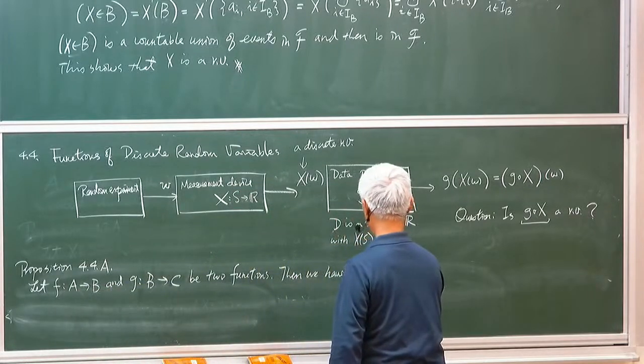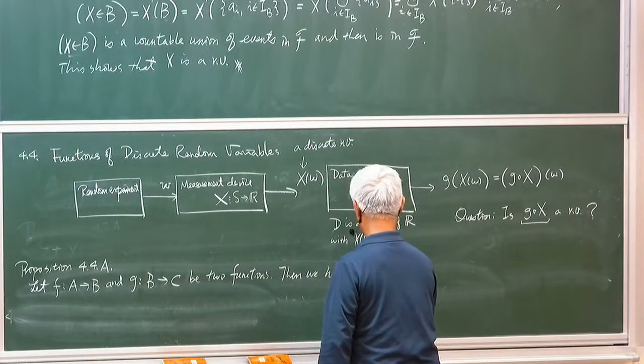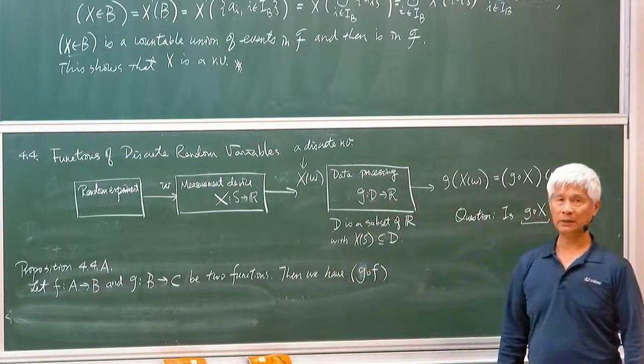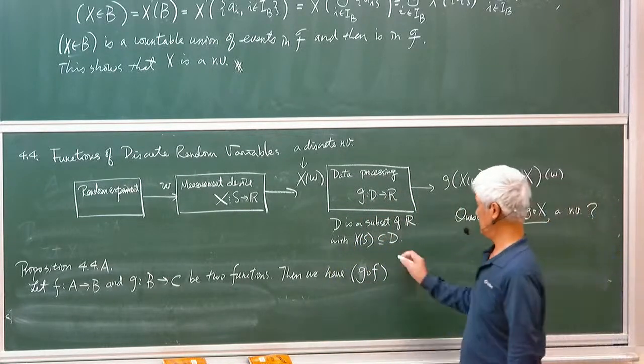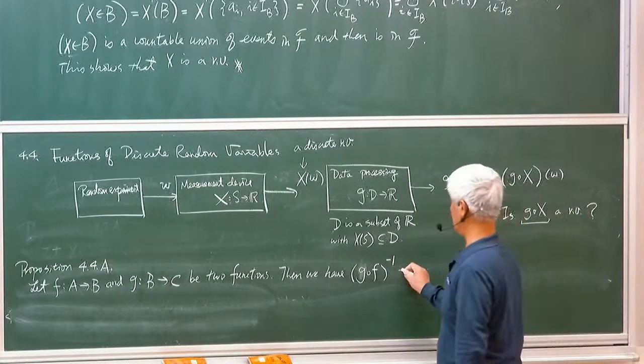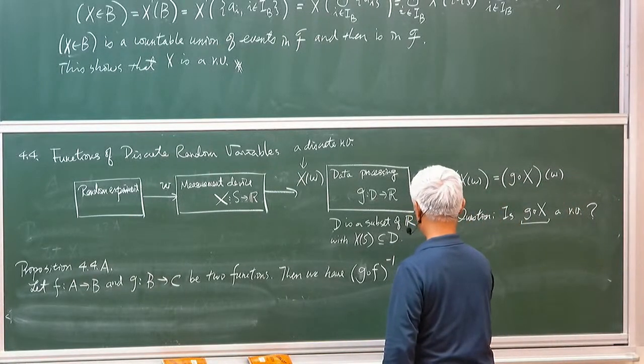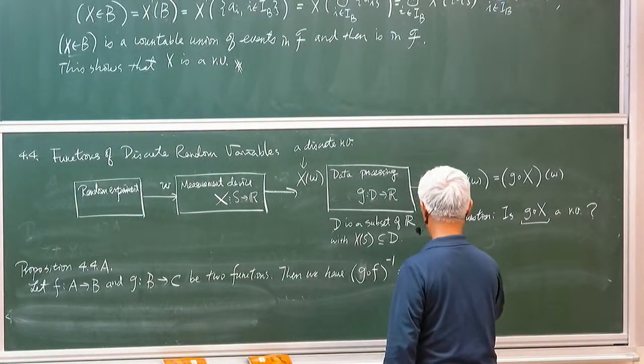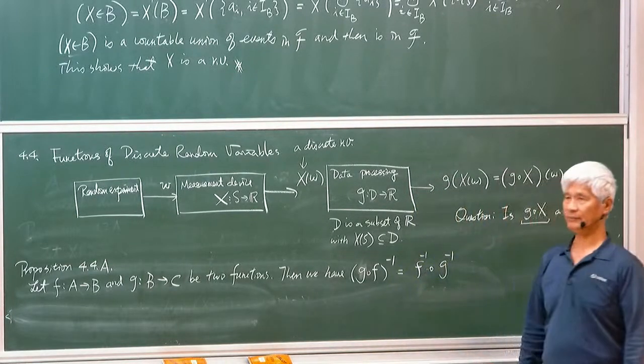The inverse of the composite of f and g is equal to the composition of f inverse and g inverse.